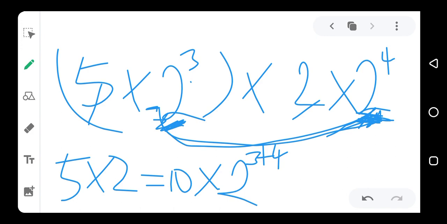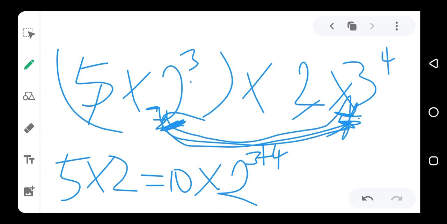Now, if we have 3 here, the bases are no longer the same. So we treat it separately. We cannot add the powers together when the bases are different.